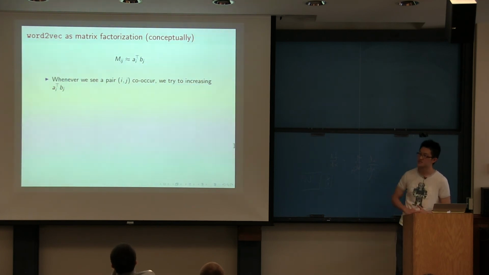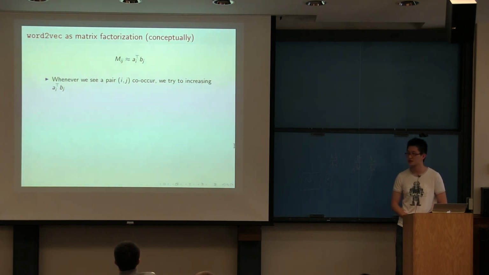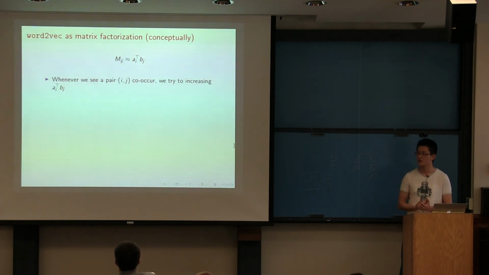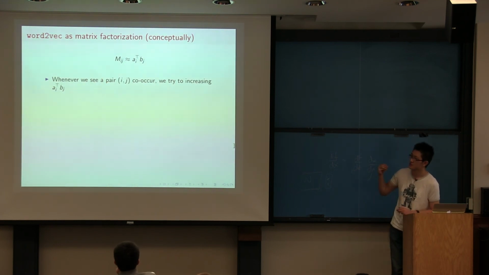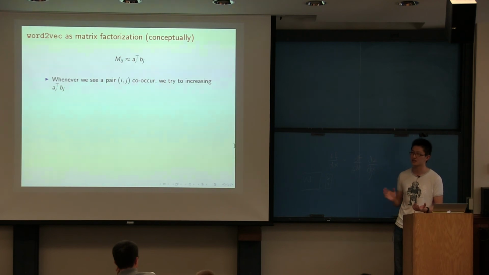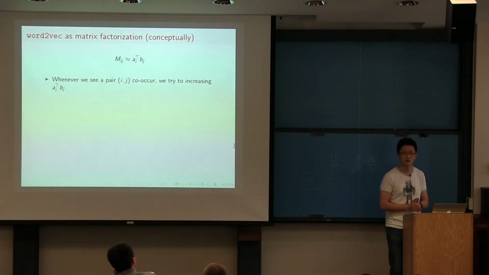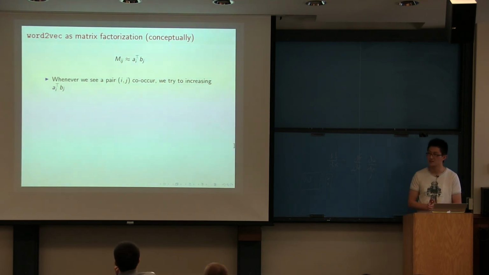So how should we go about factorizing this matrix? Whenever we observe a pair in the matrix, we want to increase this inner product term, because each element in the factorization is the inner product between these two. Is that enough?